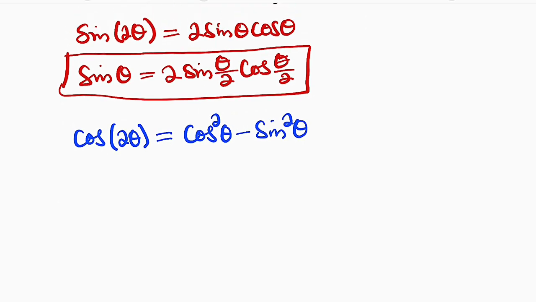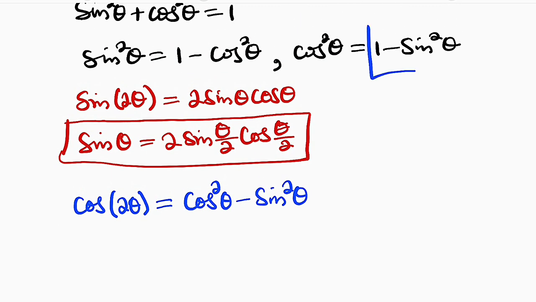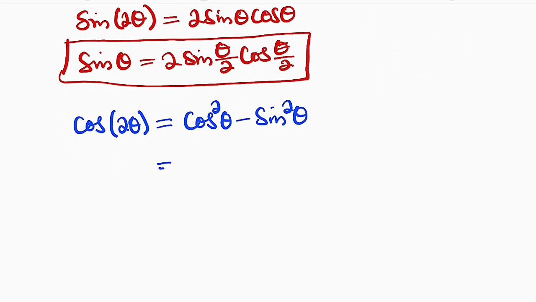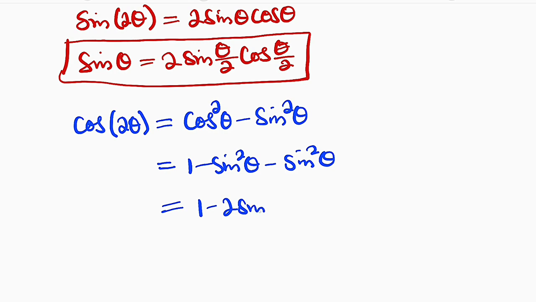Since we know that cosine squared can be expressed as 1 minus sine squared theta, I can see that this is equal to 1 minus sine squared theta minus sine squared theta. This is equal to 1 minus 2 sine squared theta. Don't forget the left hand side is still cosine of 2 theta.